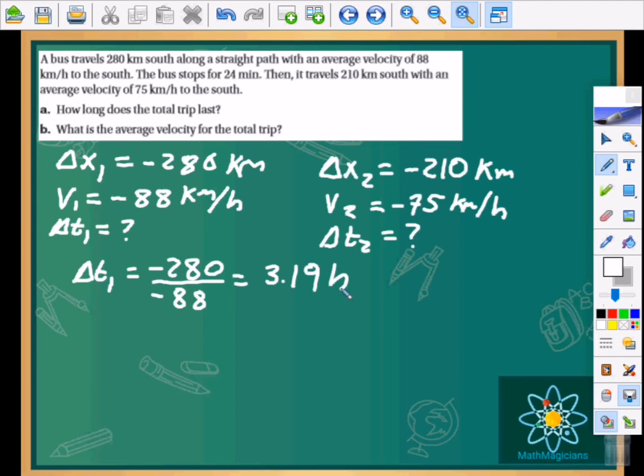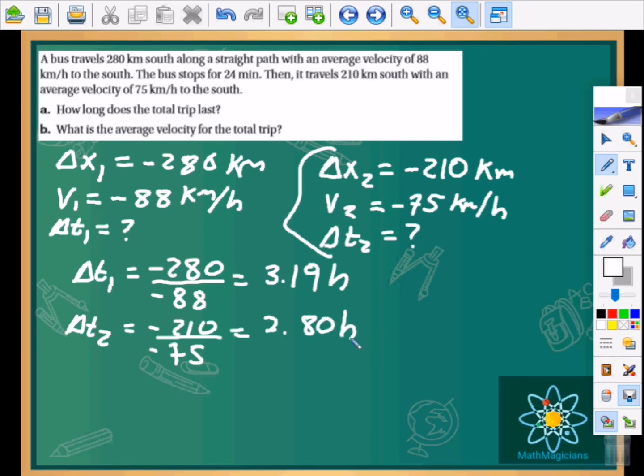Then for time 2, you substitute the information you have: negative 210 kilometers over negative 75 kilometers per hour. If you divide this, your answer is 2.80 hours.